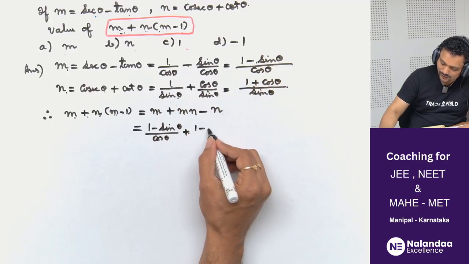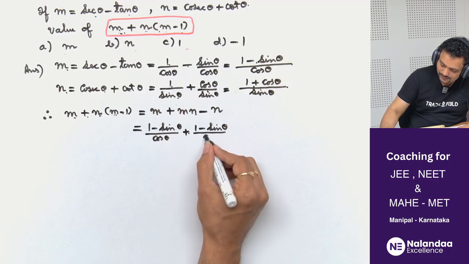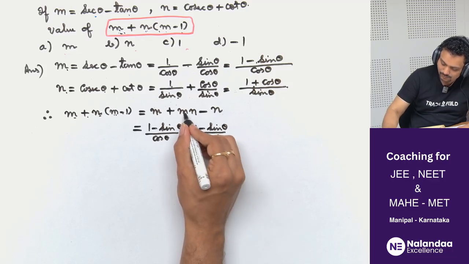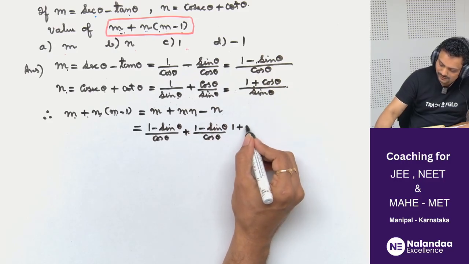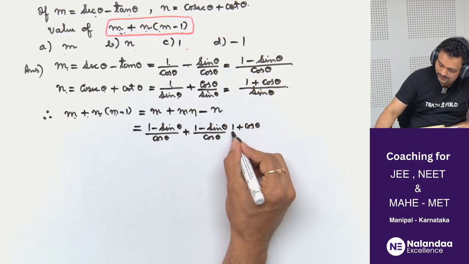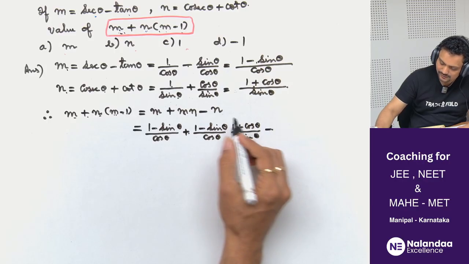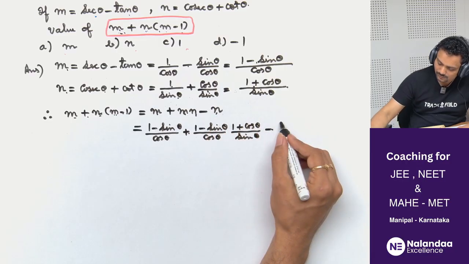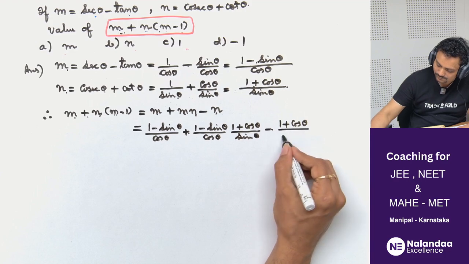So this into this. This is (1 minus sin theta) by cos theta, that is m, and similarly n is (1 plus cos theta) by sin theta, minus n. N is (1 plus cos theta) by sin theta.